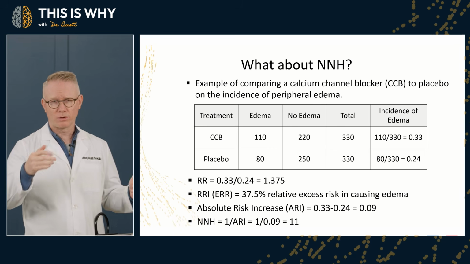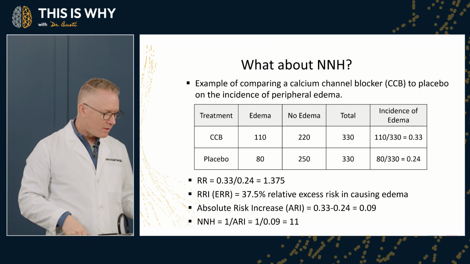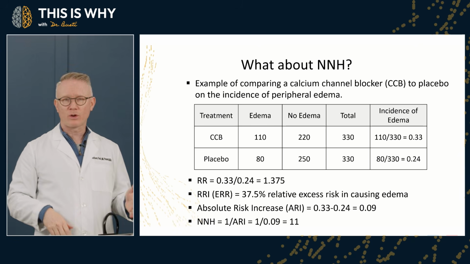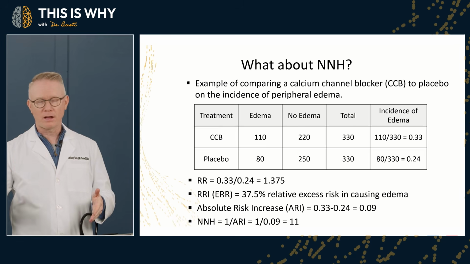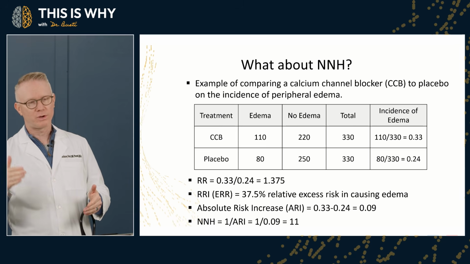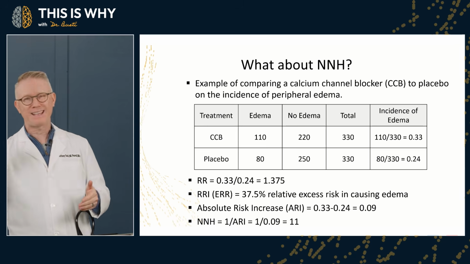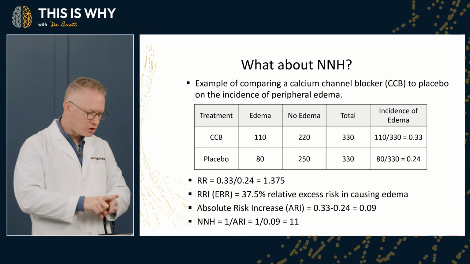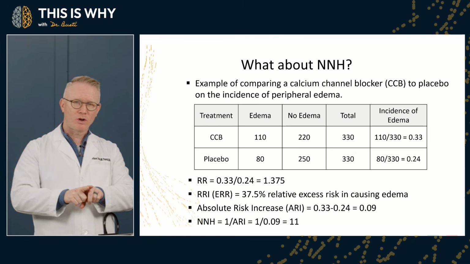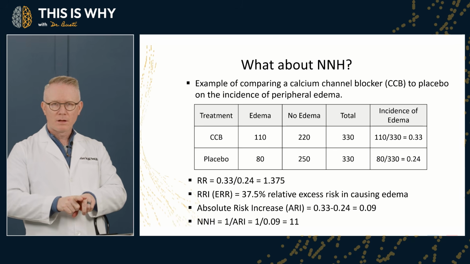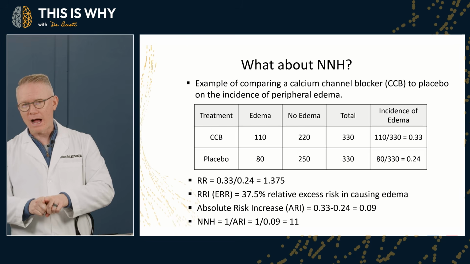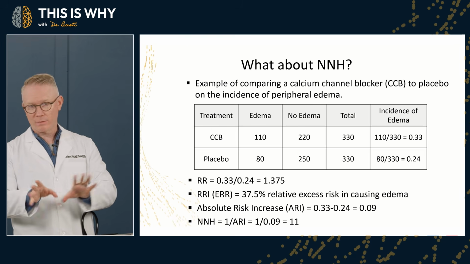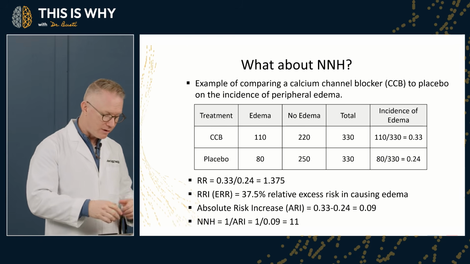And we know that clinically is true, right? Now, what is the absolute risk increase, or ARI? Not ARR, absolute risk reduction, but absolute risk increase. Well, again, it's just the difference between those two numbers. And so it's 0.09. You take the reciprocal of that, 1 divided by ARI, which is, again, mirrored to the number needed to treat, and you get 11.